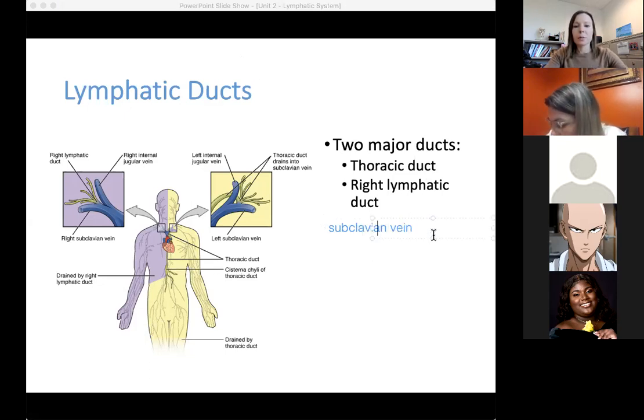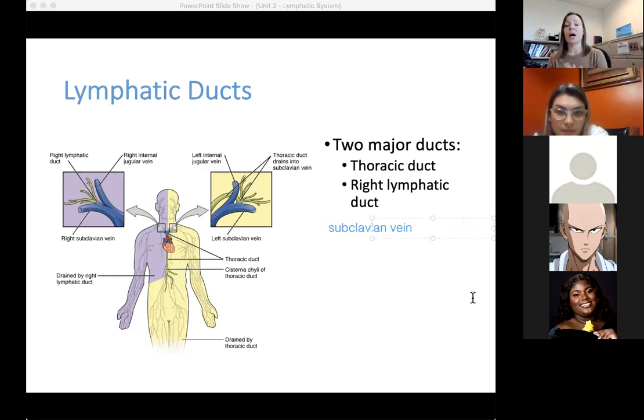So I just typed subclavian vein for you, so you know the spelling. The subclavian veins, there are 2 of those. They run right underneath the clavicle. So the thoracic duct brings the lymph that it's carrying into the left subclavian vein.